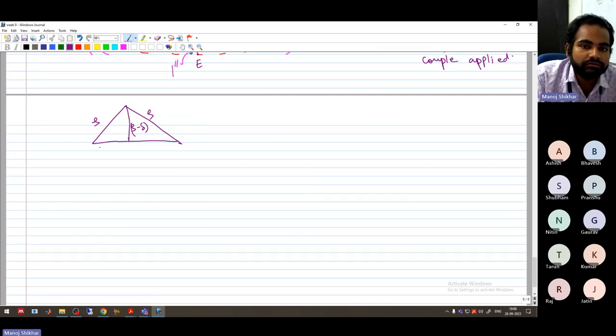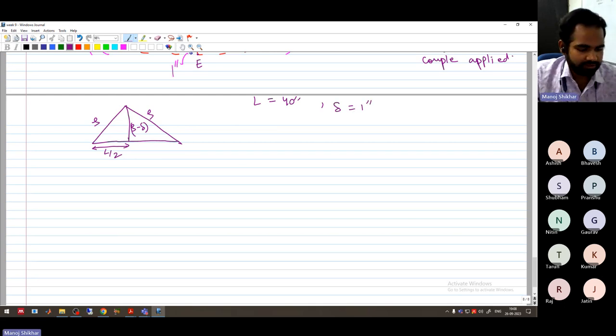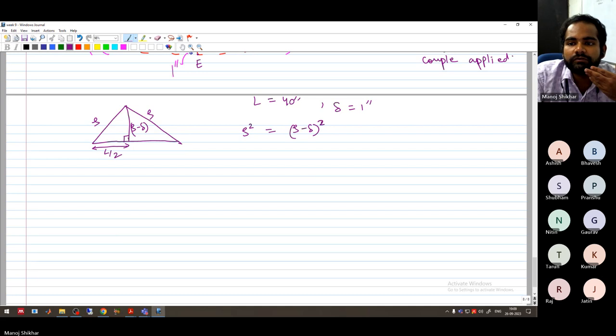And we also know this length is L by 2, where L equal to 40 inches, and delta equal to 1 inch. So from here we can find the radius of curvature rho. We know that this angle will be 90 degrees. So using Pythagoras theorem, hypotenuse square equals A square plus B square: rho square equal to rho minus delta whole square plus L by 2 whole square.